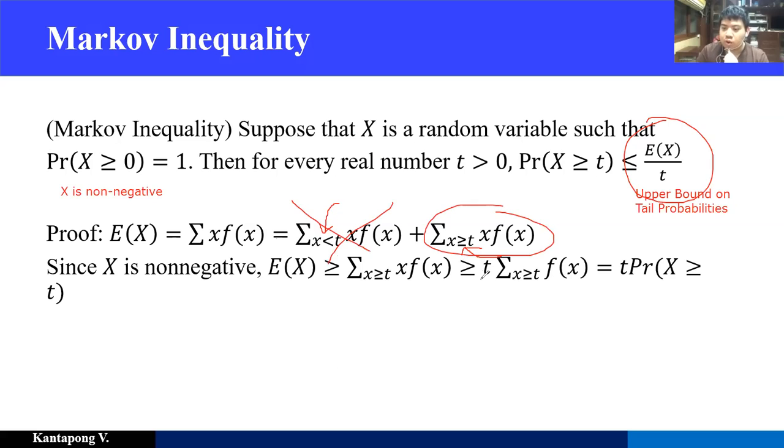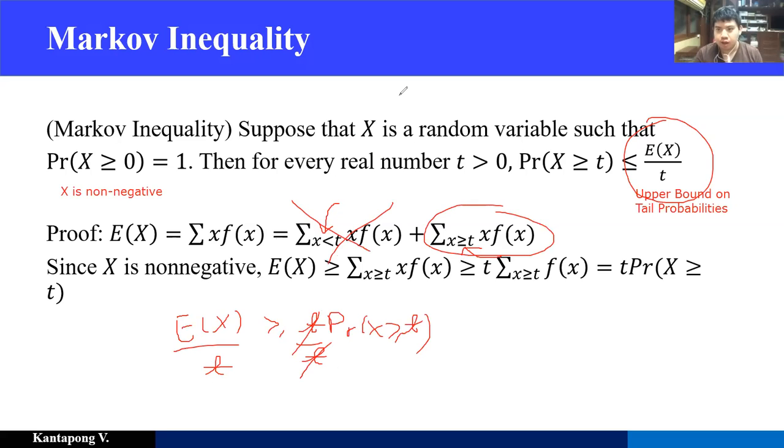And it is greater than or equal to t times this one, t times the probability of X greater than or equal to t. If we divide both sides by t, you get this inequality.